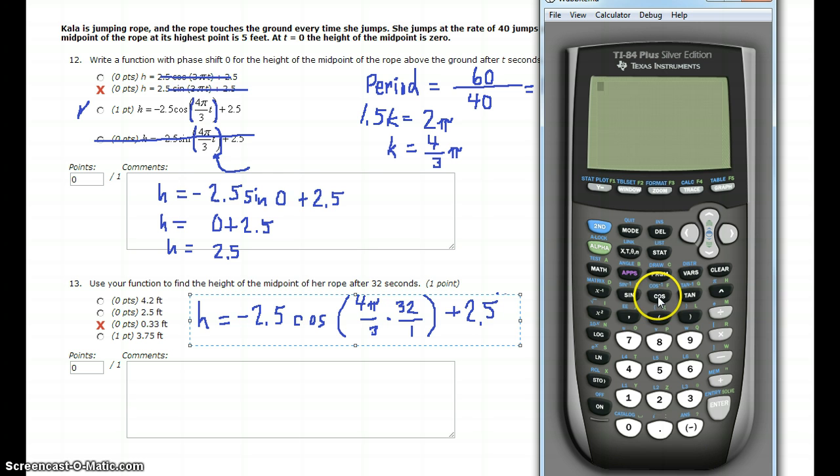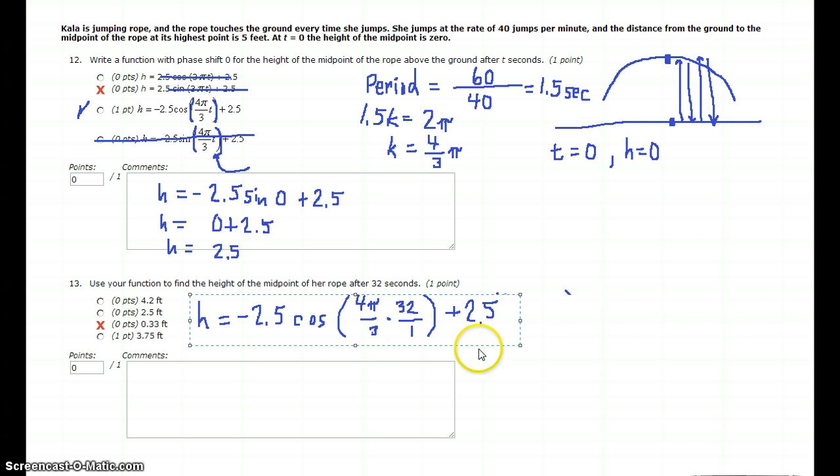We hit cosine, and it's going to be 4 pi times 32, which is 128. Pi is the blue key right above the up arrow, so we go pi. We divide that by 3, close parentheses, hit enter, and we get negative 0.5.